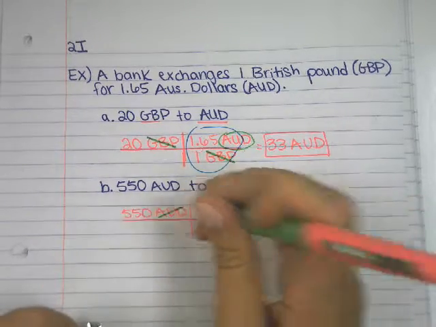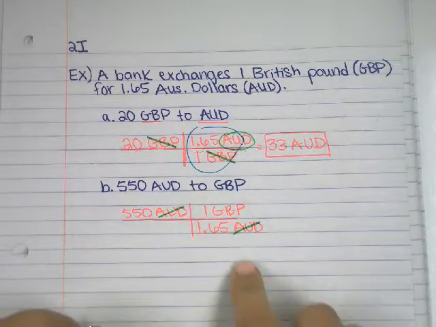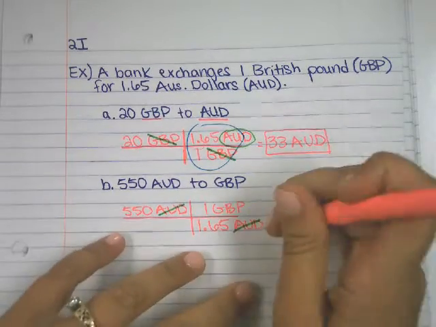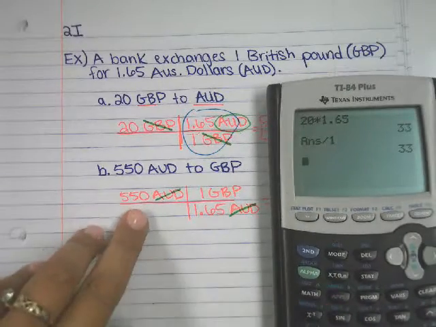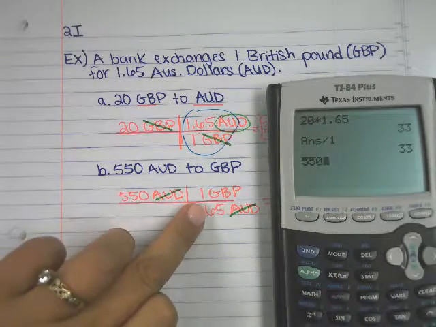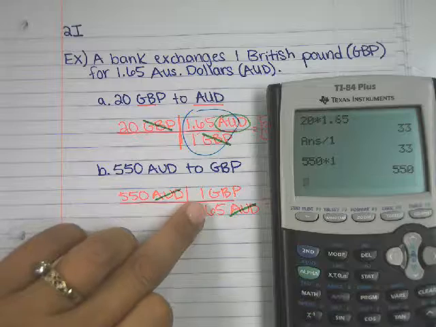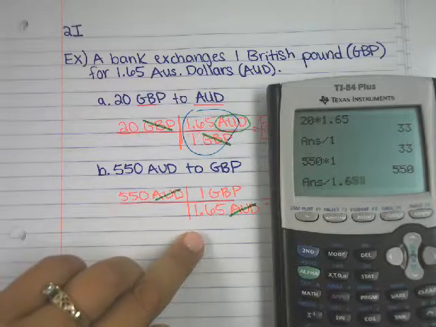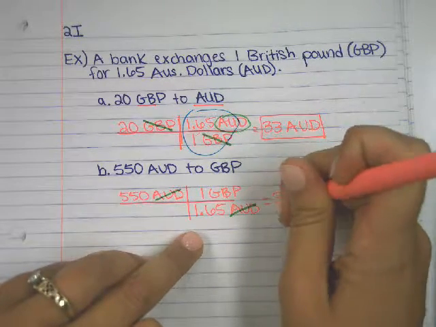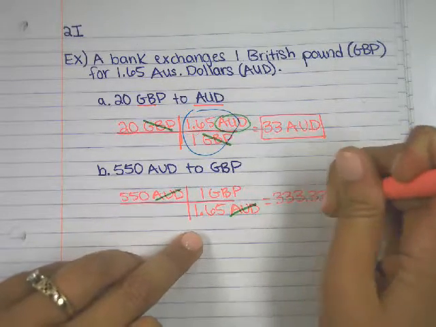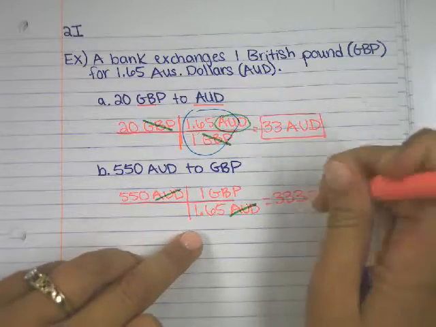So we have it set up in such a way where the AUDs cancel. We're using this unit rate. And since this item is on the bottom, we now have to divide. So you could multiply across, but 550 times 1 is just 550. Divide by the item on the bottom. So we'd get 333.33 GBPs.